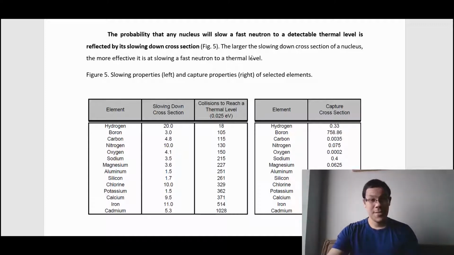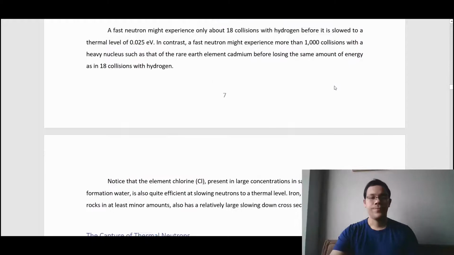You can see that hydrogen is on top of the list. The probability that any nucleus will slow a fast neutron to a detectable thermal level is reflected by the slowing down cross section. So it is a probability. And the probability that an atom will capture a thermal neutron is called the capture cross section.